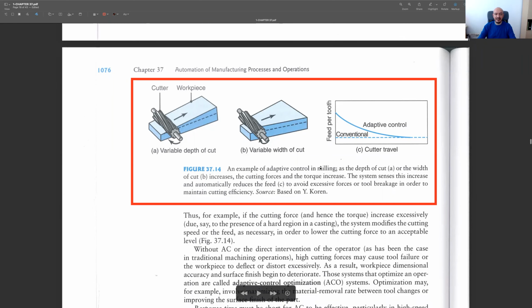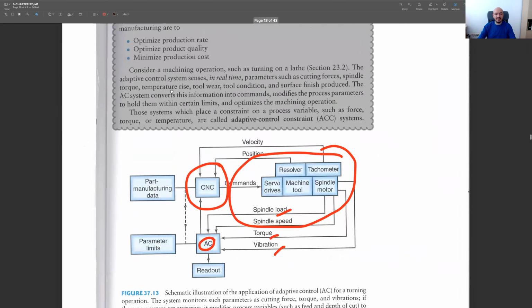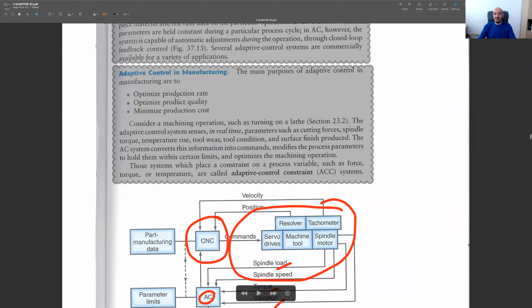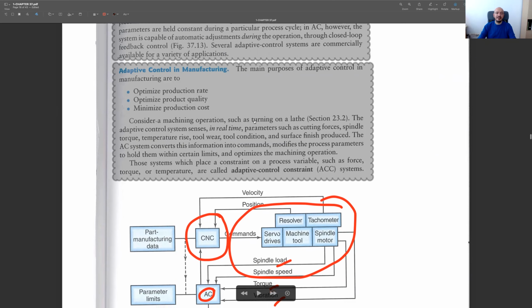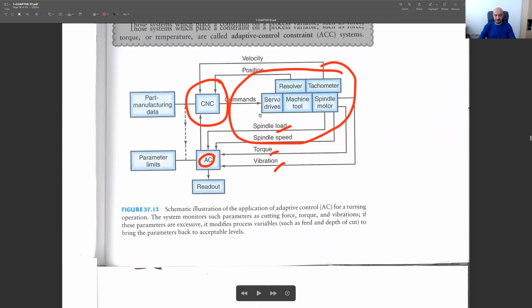So this is a nice advantage of adaptive control. We can easily increase production rate and product quality. Also, since you are decreasing the production time, we will be decreasing the production costs.